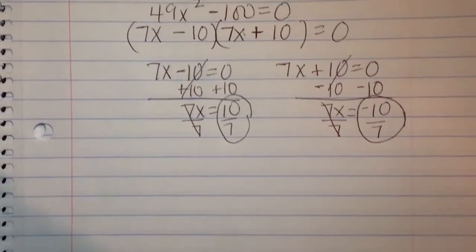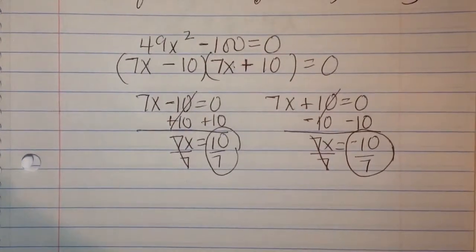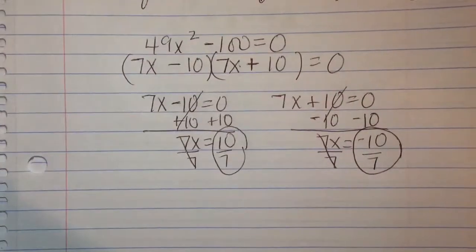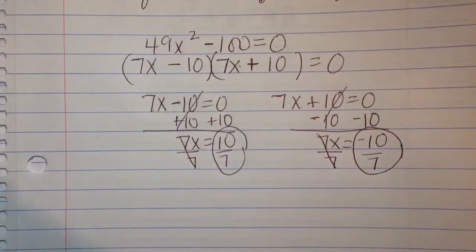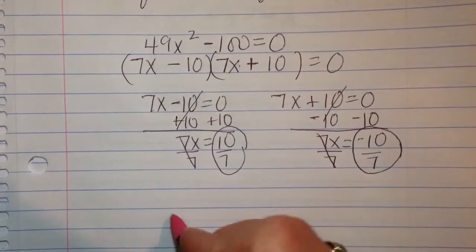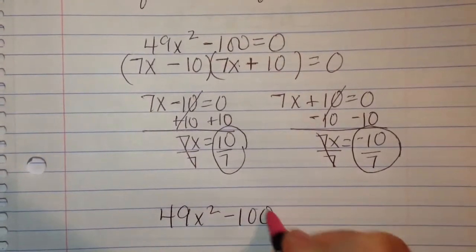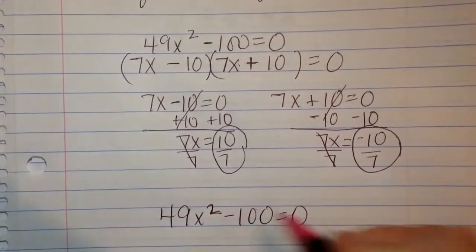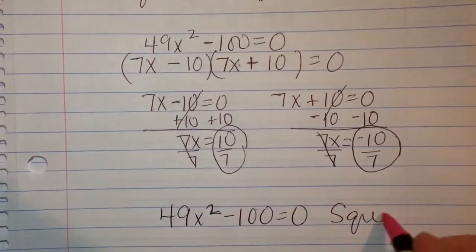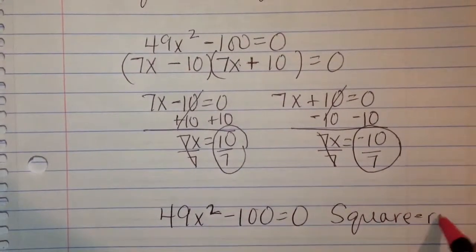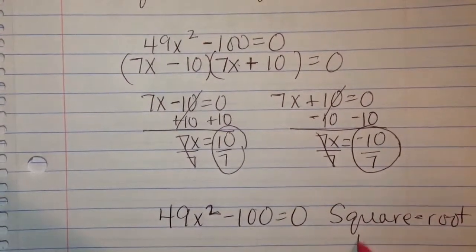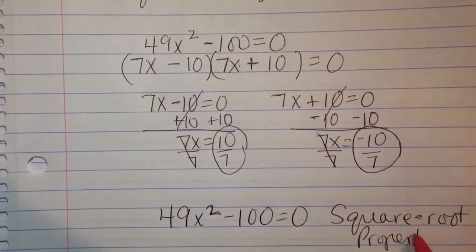I'm going to also use this problem as an example that I could have also worked this problem by the square root property. So I'm going to work this problem again just so that you could see that I could use the square root property to solve this problem also.